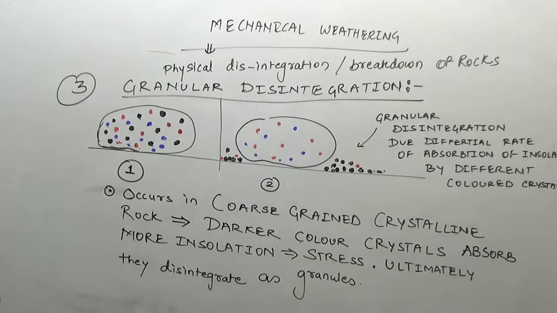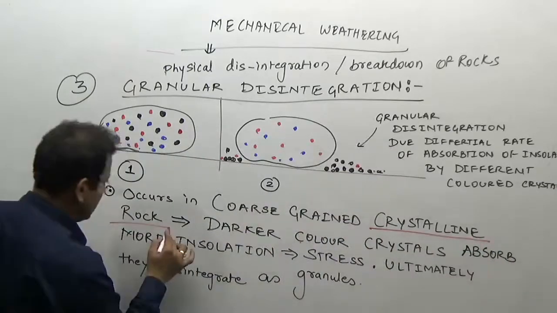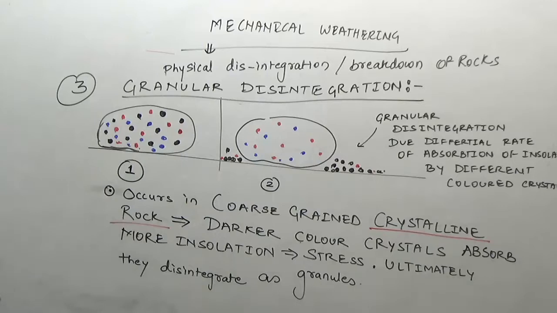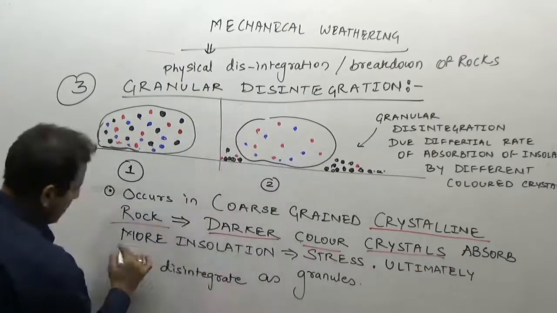So what you have to remember, it occurs only in which kind of a rock? It will occur in the crystalline rocks of the world. Why? Because the darker color crystals and the lighter color crystals will behave differently in terms of absorption. The darker color crystals absorb more insolation. What is insolation? Amount of sunlight.